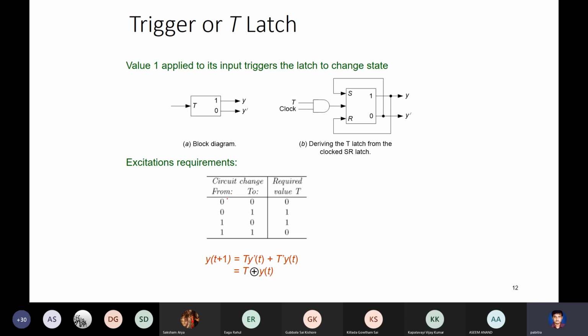If Q(t) is 0 and Q(t+1) also wants to be 0, I should keep the toggle at 0. If it is 1 and 1, I should also keep the toggle at 0. If I want to flip the output state, I should turn the toggle input to 1. So the moment T is 1, this toggles, and as long as T is 0, it continues in the same state.